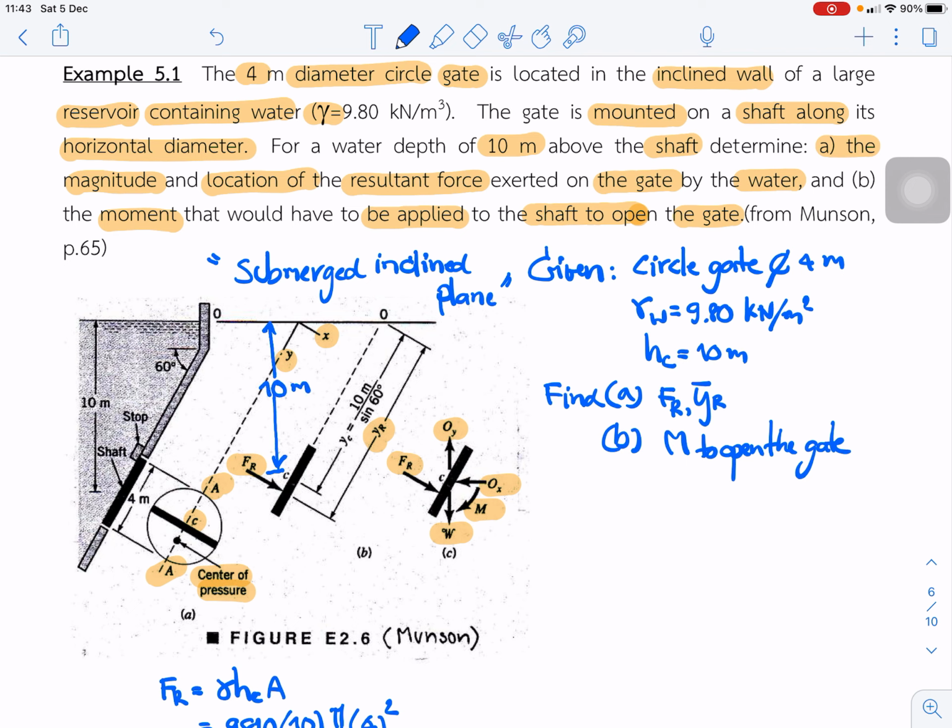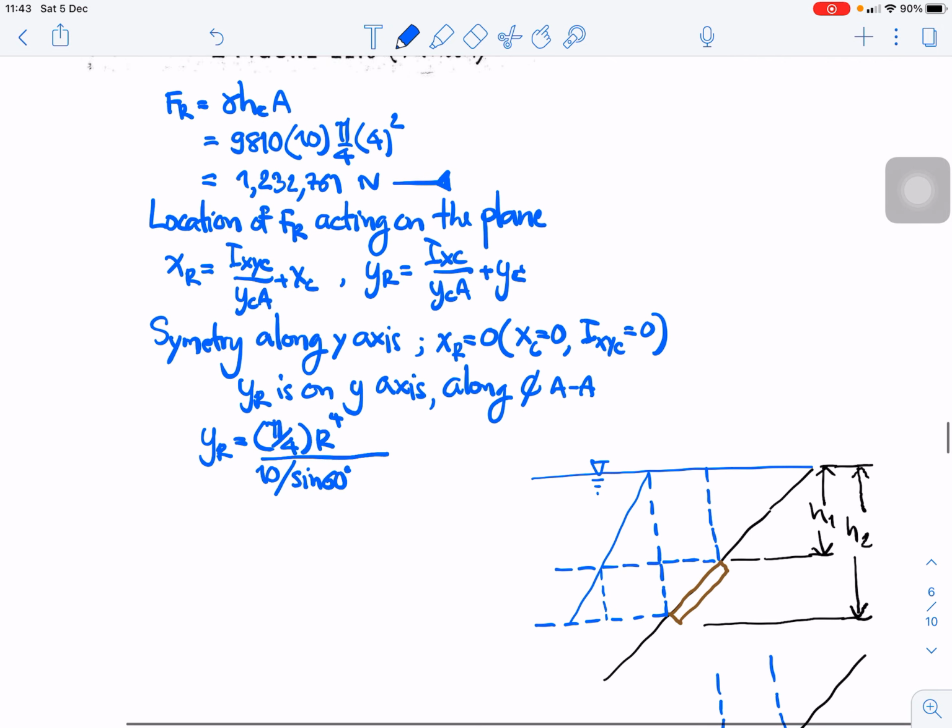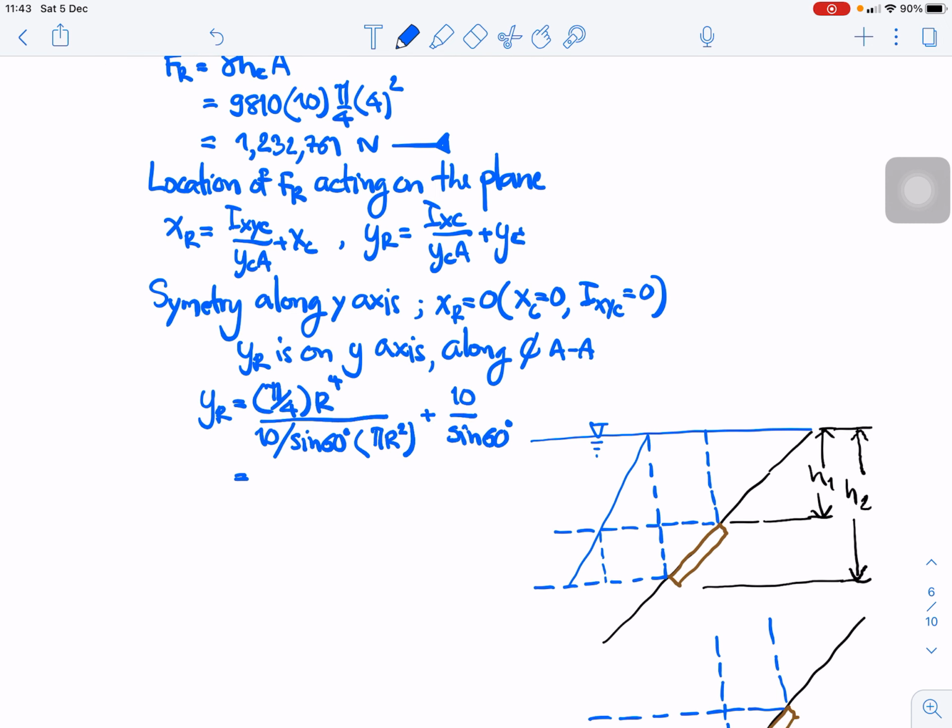So yc is equal to 10 divided by sine 60, and the area is pi r squared, plus yc, which is 10 divided by sine 60. Substituting the numbers, we get 11.547, about 11.614 meters.